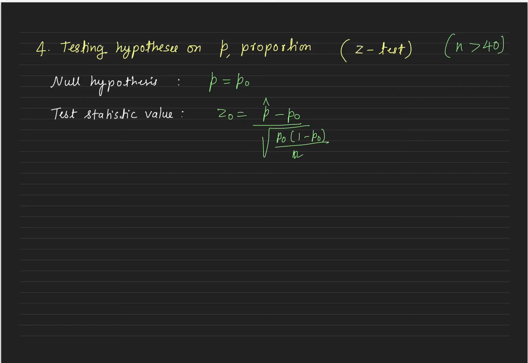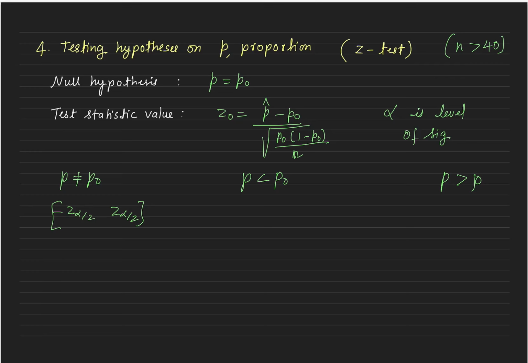And the rest is the same. The alternate hypothesis can be P not equal to P naught, P less than P naught, P greater than P naught. If alpha is the level of significance, then the acceptance region is minus Z alpha by 2 to Z alpha by 2. This is the acceptance region. The rest is the rejection region.